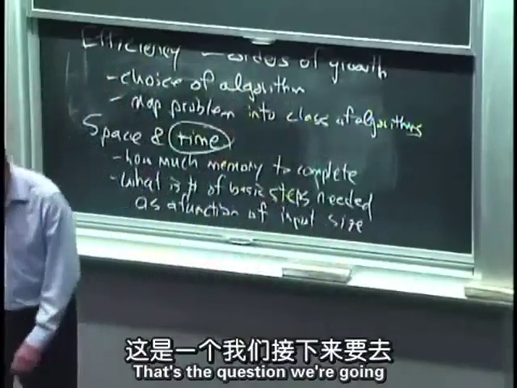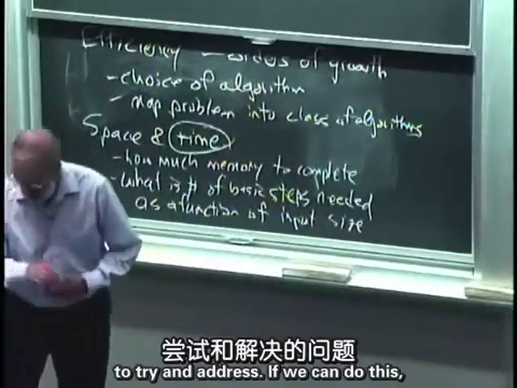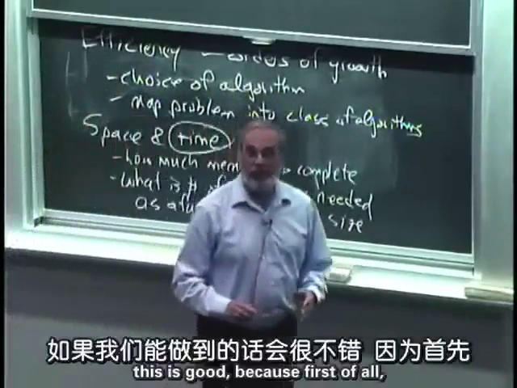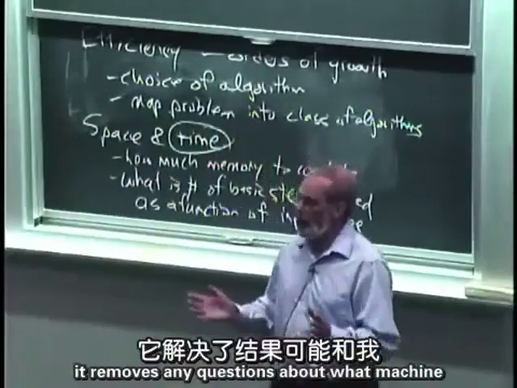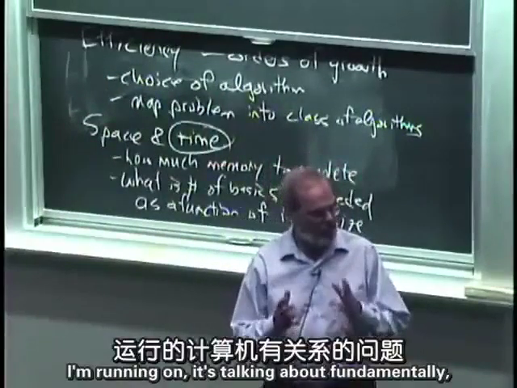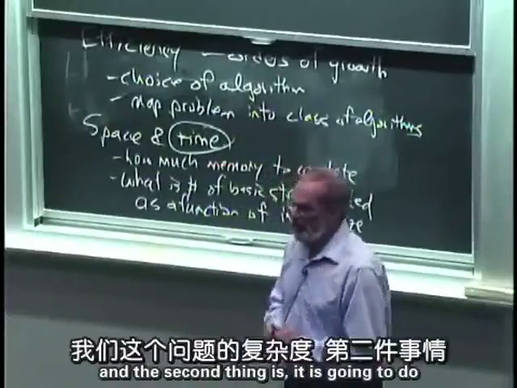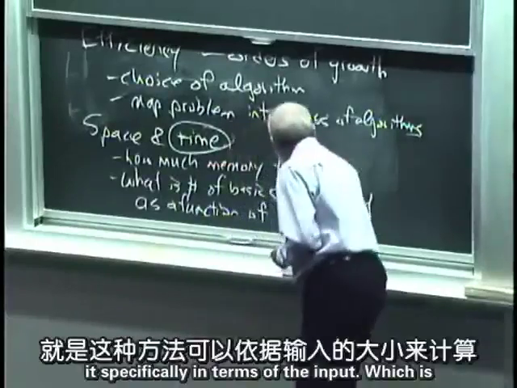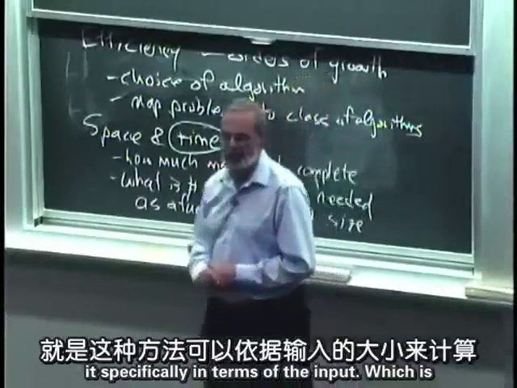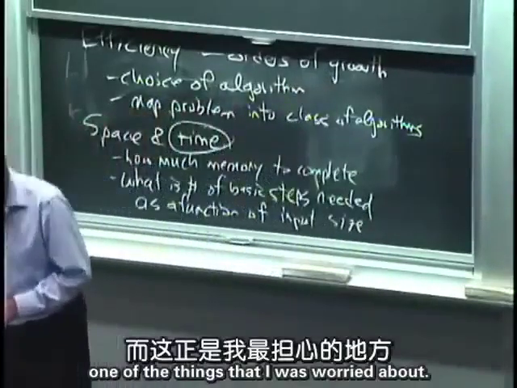And that's the question we're going to try and address. If we can do this, this is good because, first of all, it removes any questions about what machine I'm running on. It's talking about fundamentally how hard is this problem. And the second thing is it is going to do it specifically in terms of the input, which is one of the things that I was worried about.